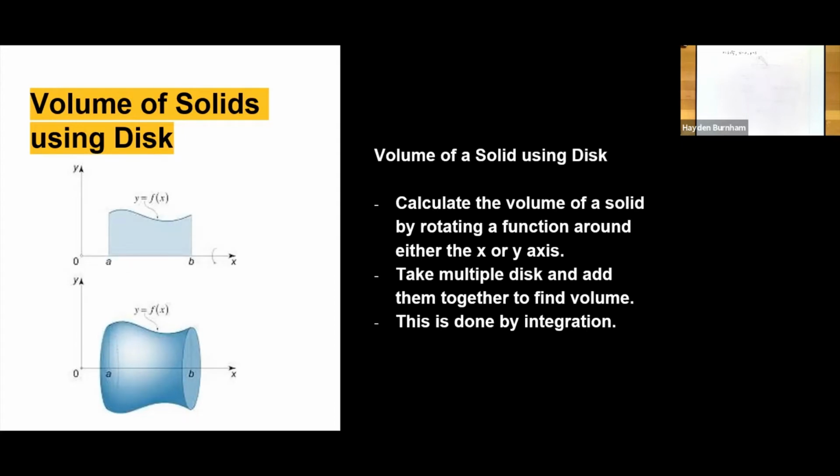So that's the first way. The second way is doing what we call shells, which I have another problem for that if we want to go over too. Shells is where you're taking the circumference and multiplying it by the surface of that shell, over and over again at different levels and combining it all together.